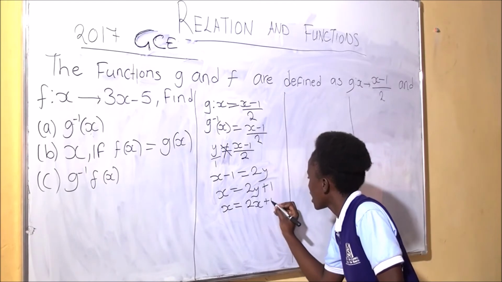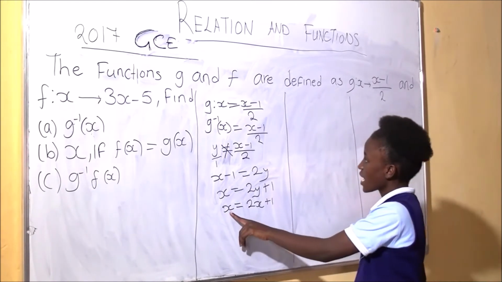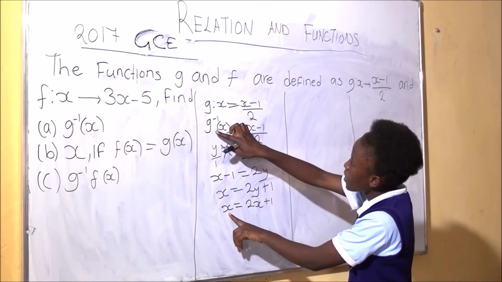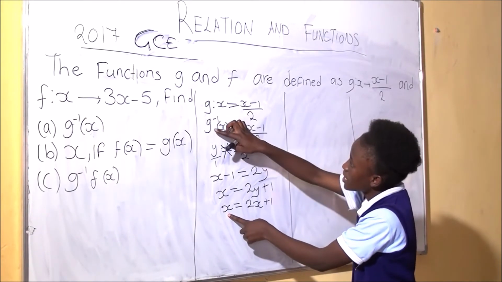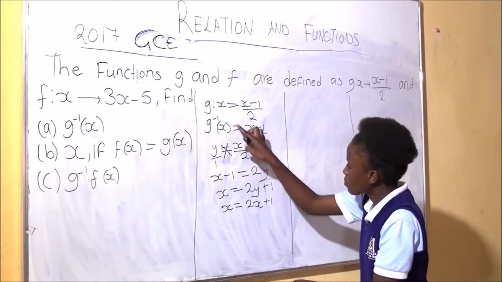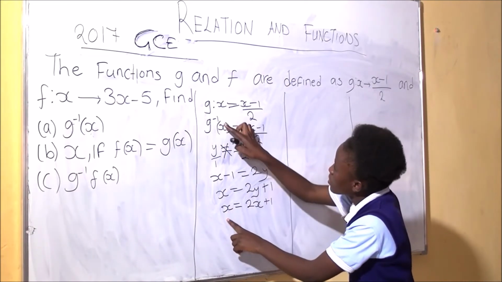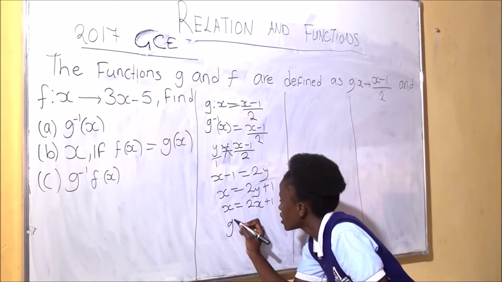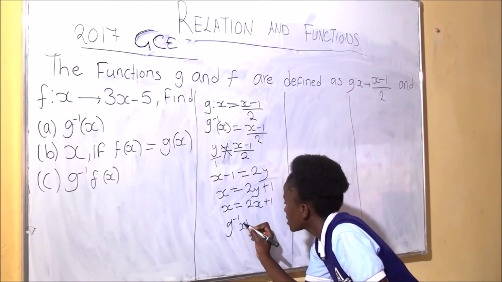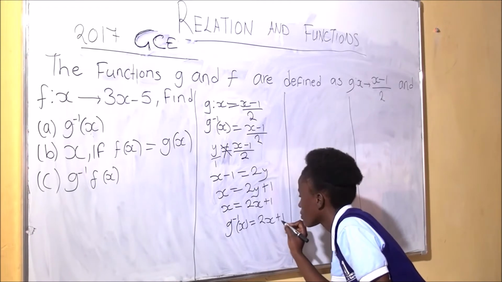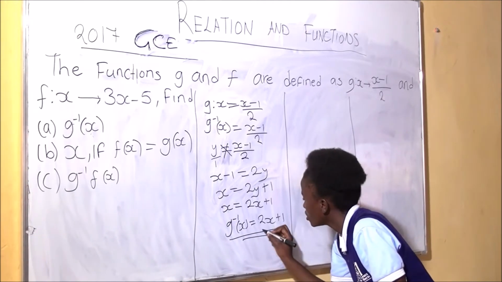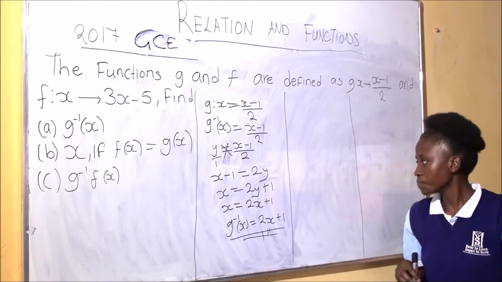Yes, like this. Then afterwards, where there is x, our question is saying find g inverse of x, so we have to show that we are finding g inverse of x. So we are going to replace this x by putting g inverse of x. So it's going to be g inverse of x is equal to 2x plus 1. Then we found our g inverse of x.